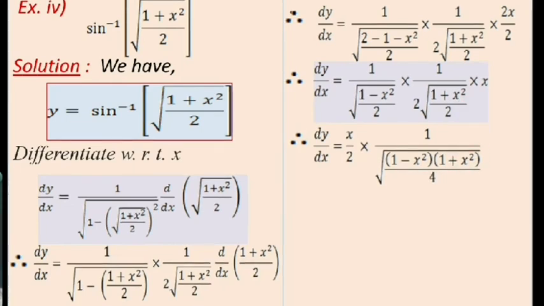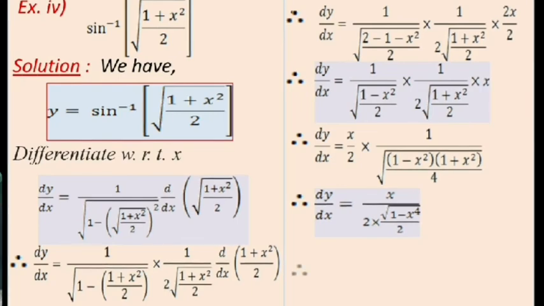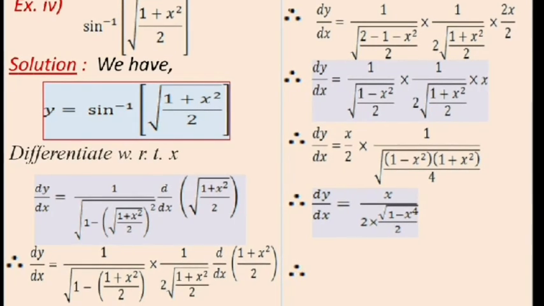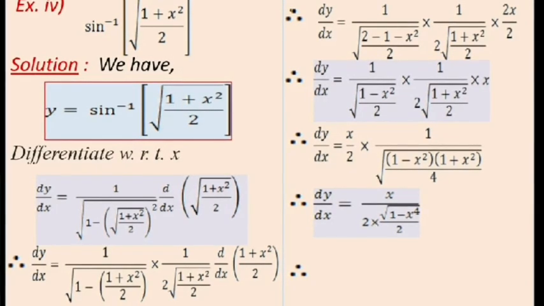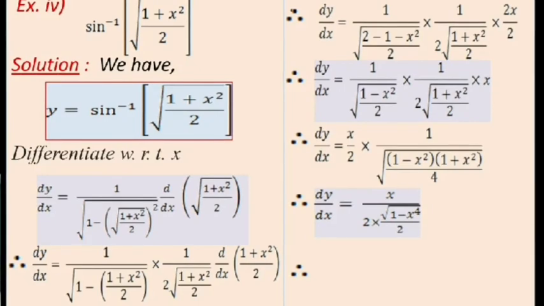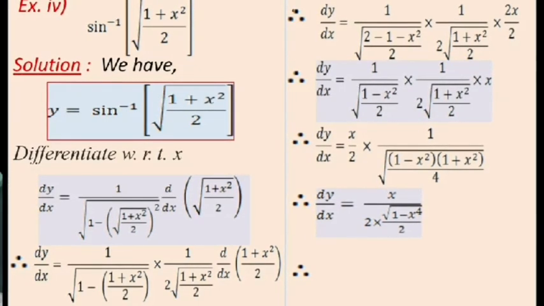Okay, and therefore the next step becomes dy by dx equal to x upon 2 into, again here we know that the root of 4 is 2, and (a minus b) into (a plus b) is a square minus b square by the formula, so (1 minus x square) into (1 plus x square) equal to 1 minus x raised to 4.